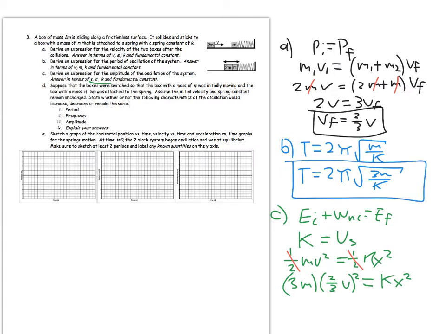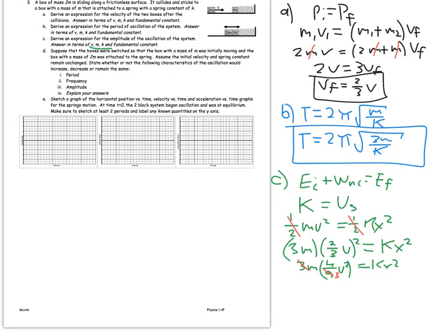So this left side is going to be 3m times 4/9 v squared equals kx squared. The 3 and the 9 will cancel out to make that a 3. Then I'm going to divide both sides by k and take the square root here, and what I end up getting is that the square root of 4mv squared over 3k is equal to x, my distance stretched or compressed.